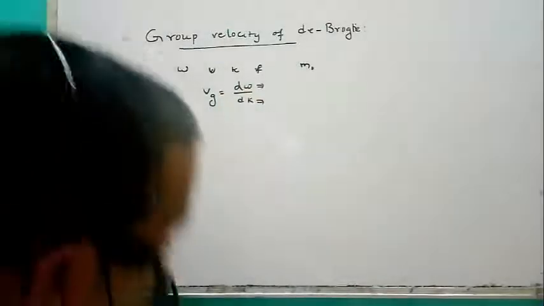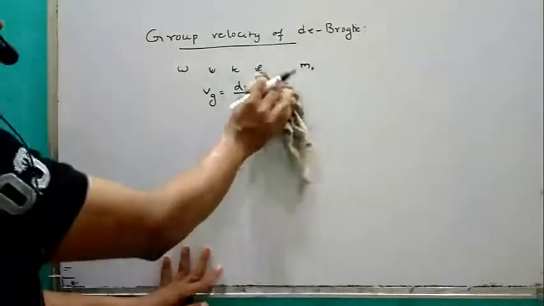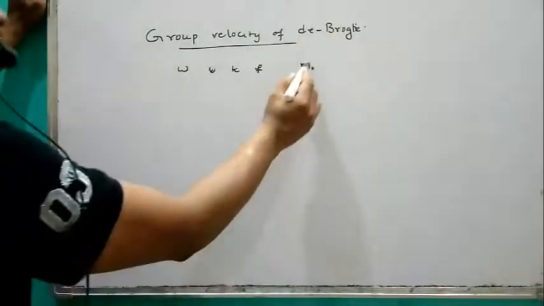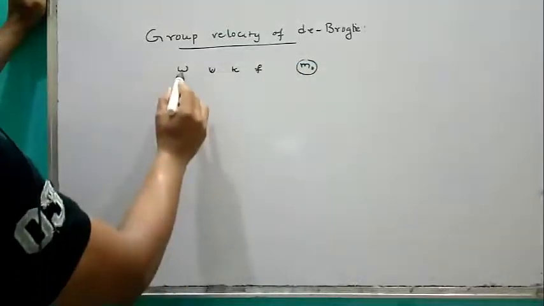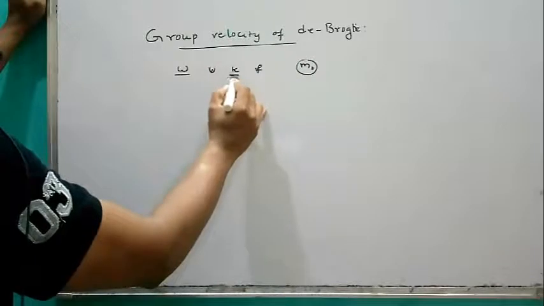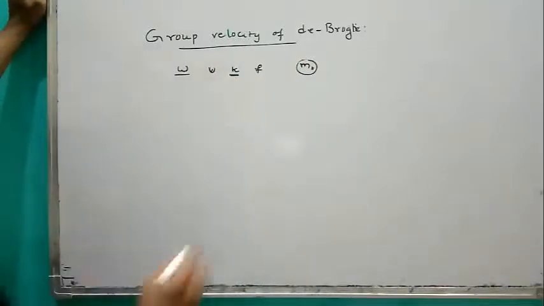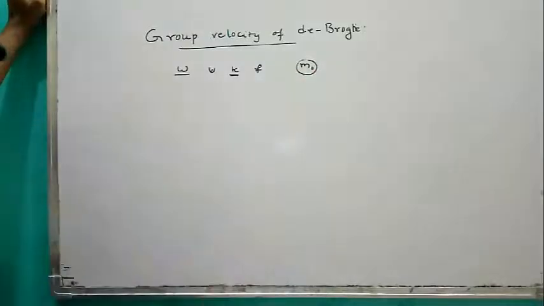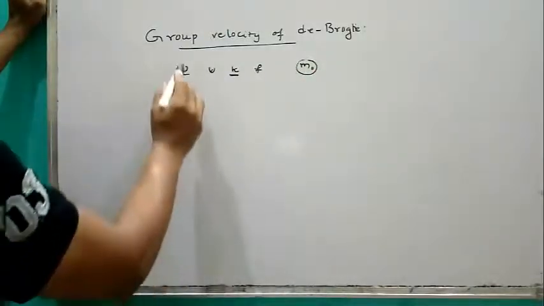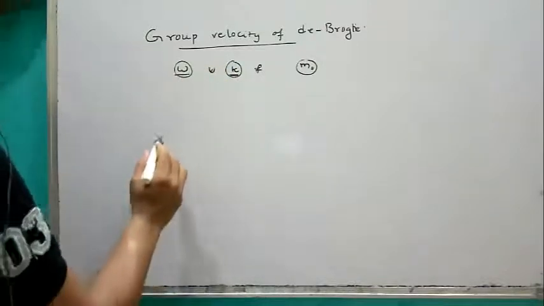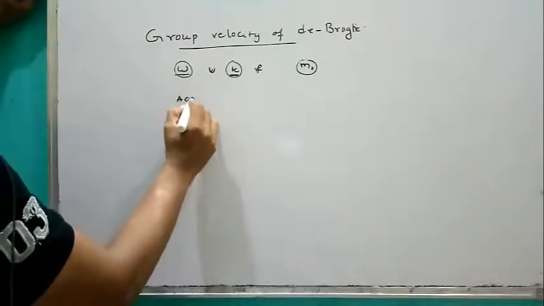For that, let the particle have rest mass m naught, angular frequency omega and propagation constant k. So for that particle we have to calculate the omega value and the k value.